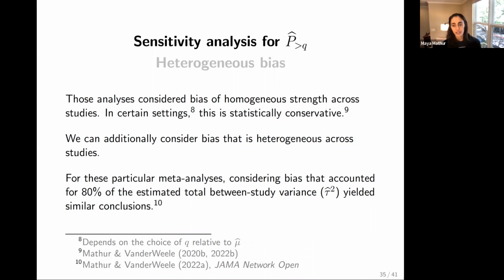And so the idea here is let's consider bias that's really quite heterogeneous, such that it accounted for 80% of the observed between-study variance. And so we did analyses like that, and we ended up with quite similar conclusions, albeit with some increase in uncertainty.